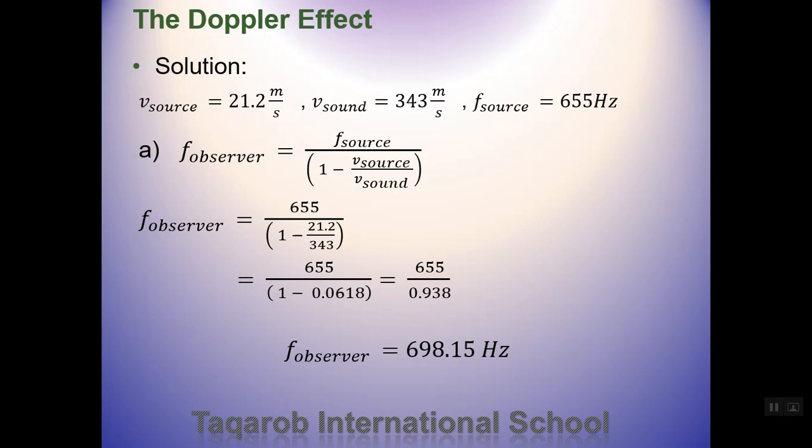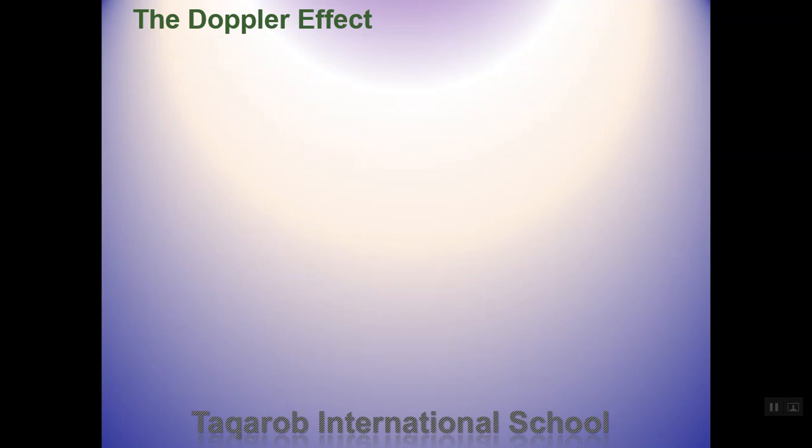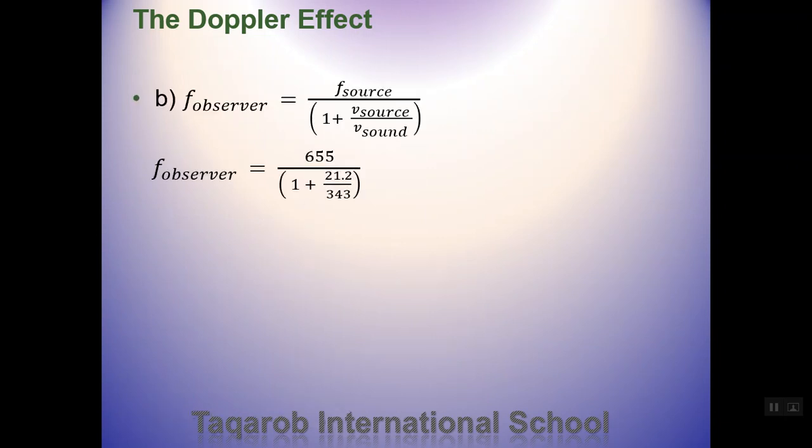In case B, where the source is moving away from the observer, we can use this form of the equation: f observer is equal to the frequency of the source over 1 plus v source over v sound. Here we use a plus because the source is moving away from the observer.